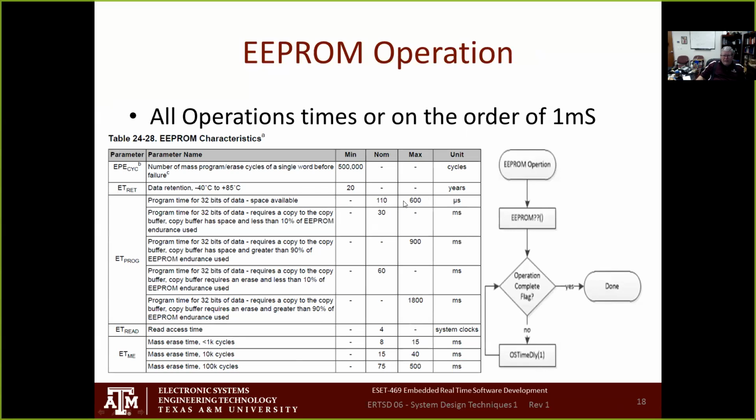So this says 600 microseconds is the max for writing a 32-bit value, and that's a long time in terms of CPU cycles, but it's close to a millisecond.